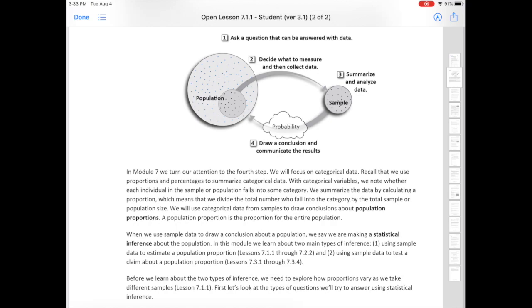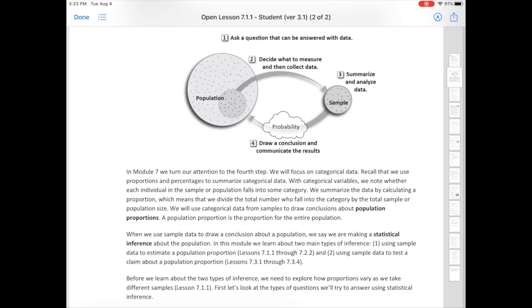When we use sample data to draw a conclusion about a population, we say we are making a statistical inference about the population. In this module, we learn about 2 main types of inference. The first is using sample data to estimate a population proportion, and that's going to be the first couple of lessons.